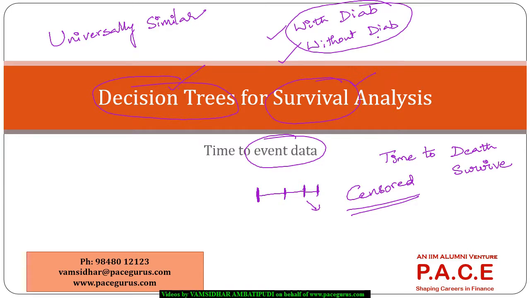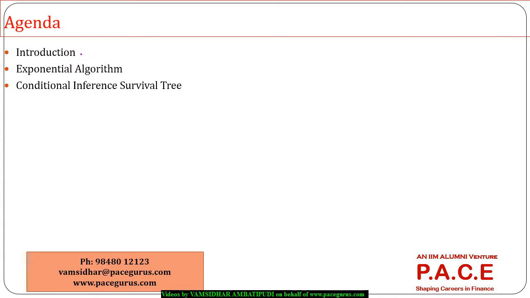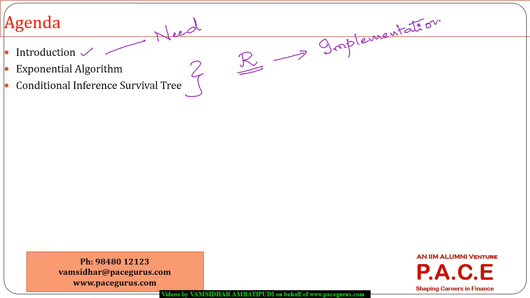So that is what we are going to look at. How can decision trees help us in performing survival analysis? Initially, we will try to understand the basic introductory aspects of survival analysis and decision trees, and the need for using decision trees in survival analysis. Then we will talk about two important algorithms in this context, which can be implemented quite comfortably in R. Our focus here is more on implementation in R. Once we have understood the basic concept, we will not get into the mathematical part of it.